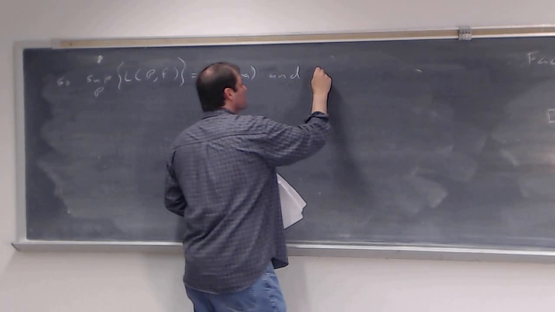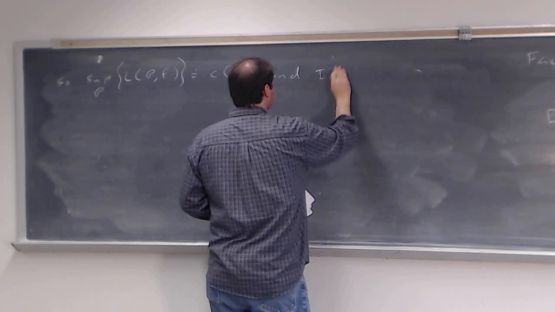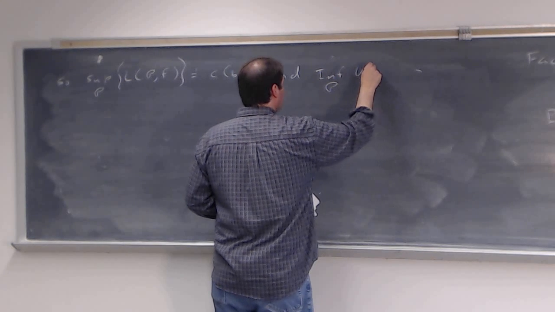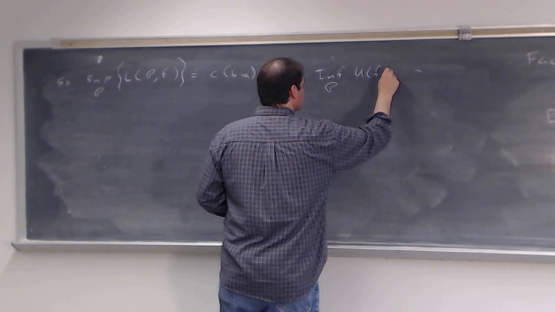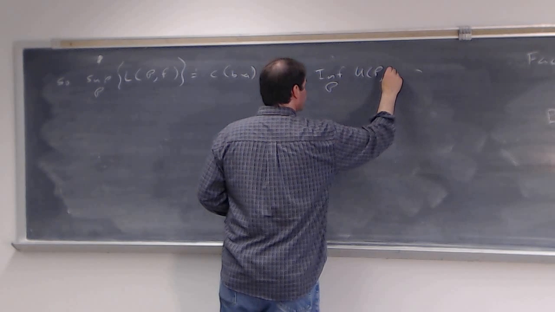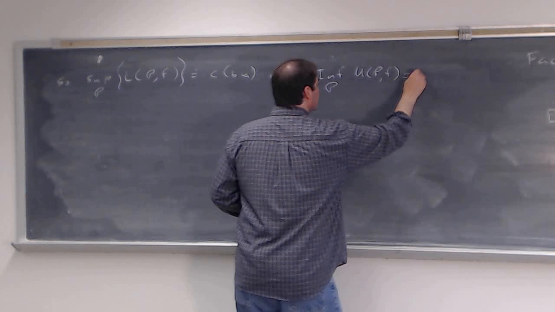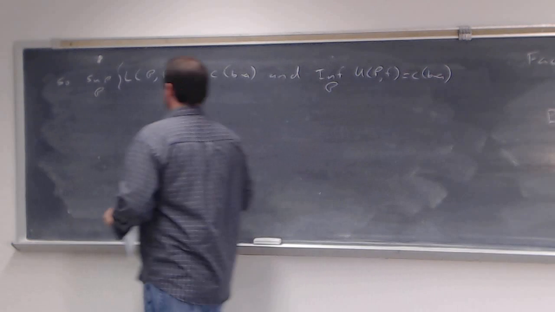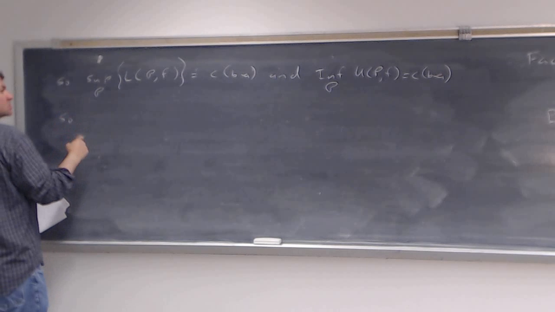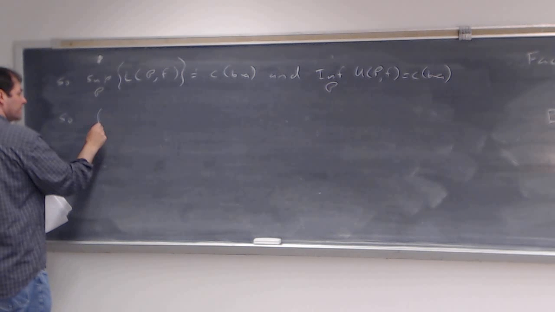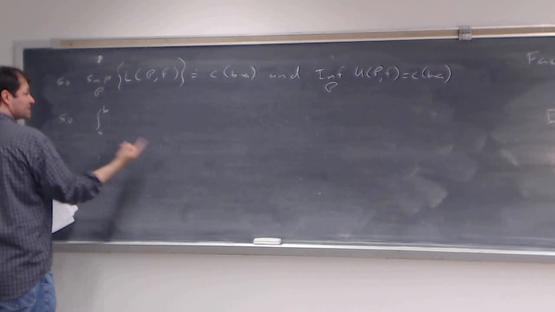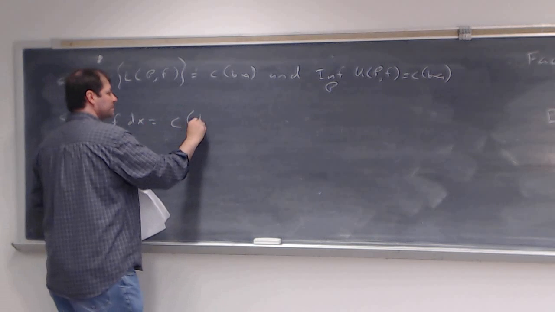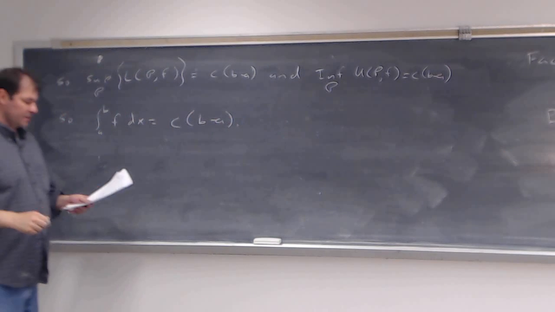And the infimum over all partitions of the upper Riemann integral, with respect to any partition in F, is going to be equal to c times b minus a. So they're the same values. That means that the Riemann integral exists and is equal to this common value, c times b minus a.